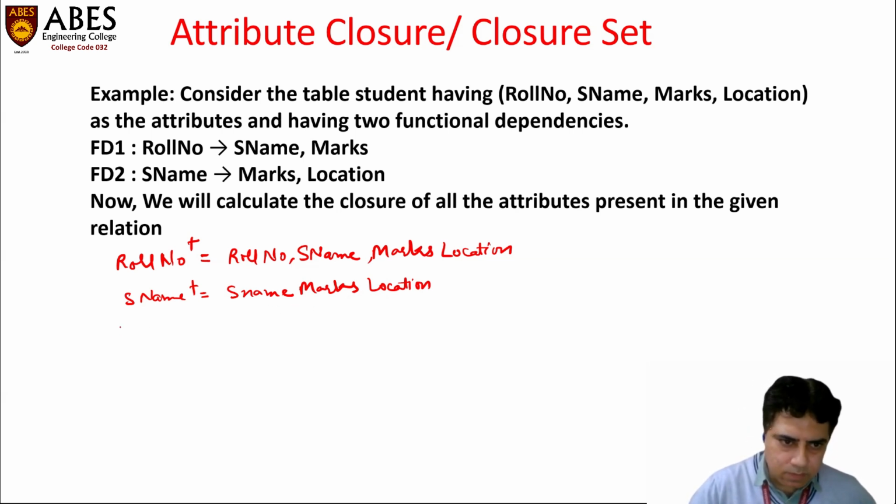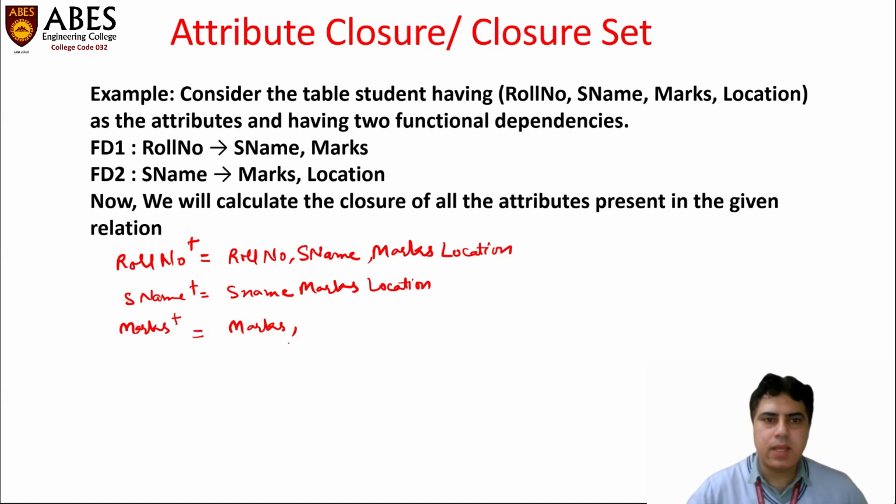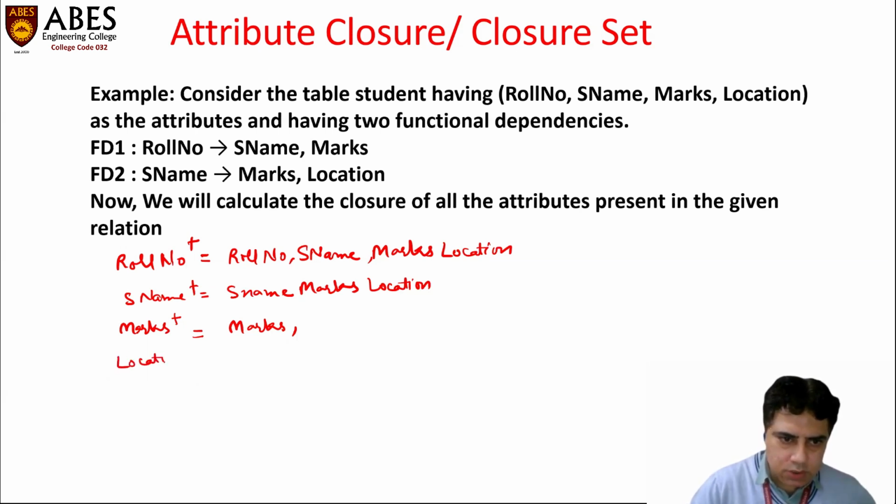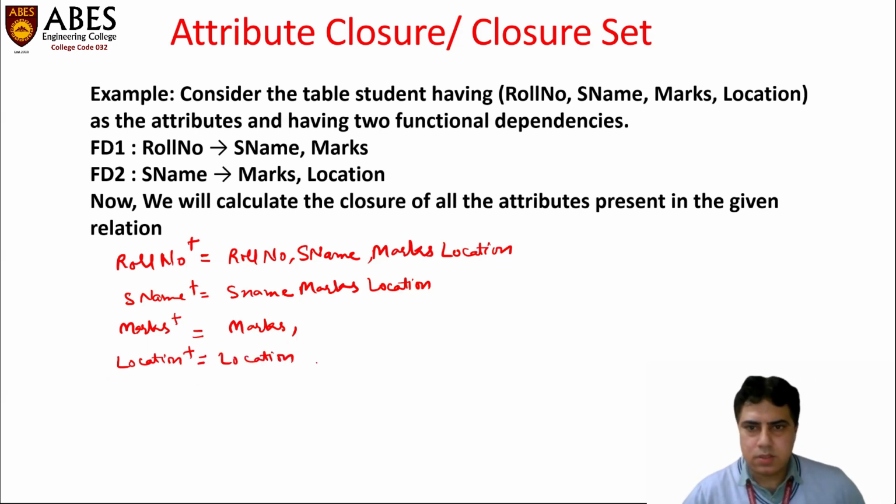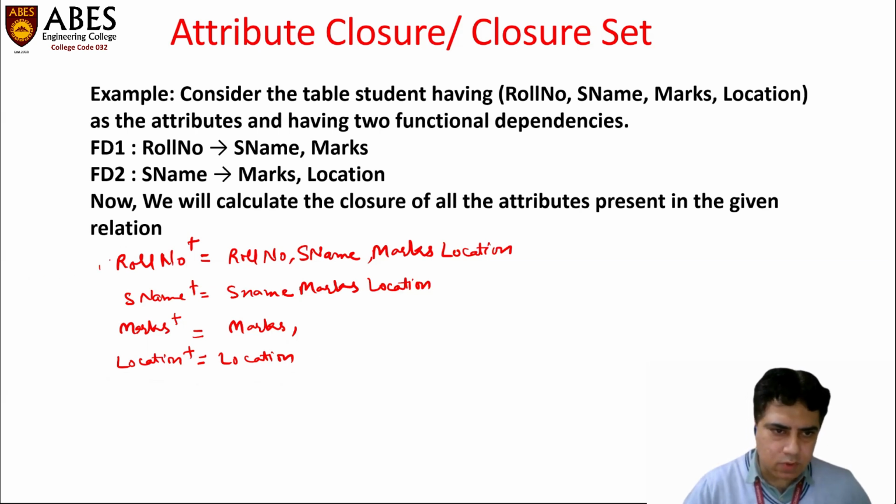Next, attribute closure of marks: we determine marks, and from marks we cannot determine anything else. Then attribute closure of location: only location. No other attribute can be determined from location. So these are the attribute closure sets of roll number, student name, marks, and location.